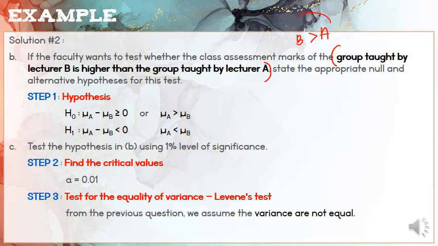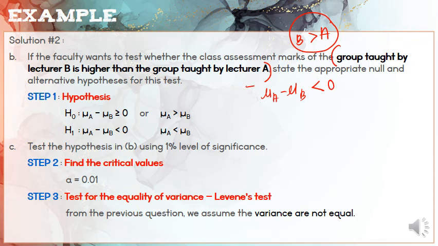Now, walaupun dia tanya B greater than A, daripada SPSS output tadi, kita tahu dia buat mu A tolak mu B. So, kalau nak test B greater than A, maksudnya apabila A tolak B, you akan dapat nilai yang kurang daripada 0. Kalau B is higher.